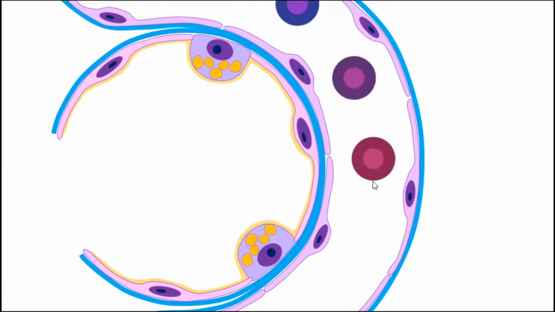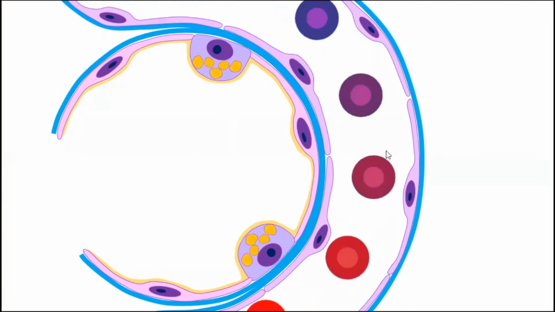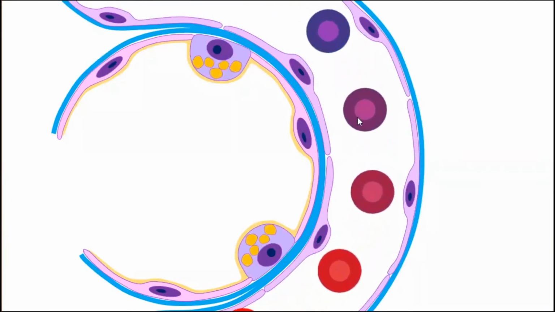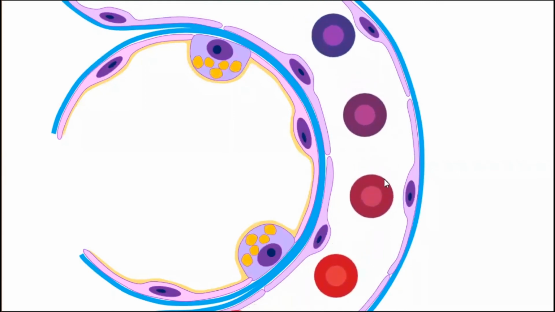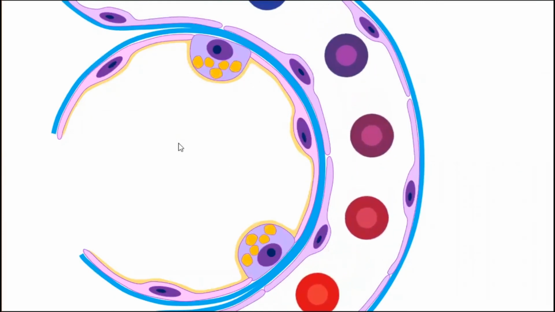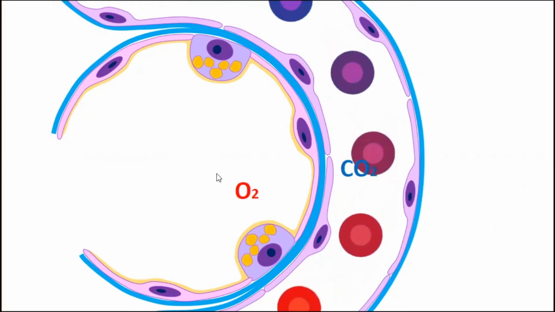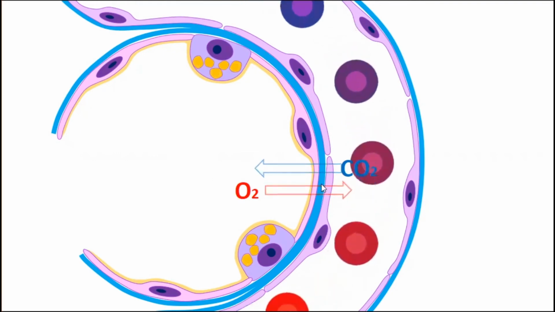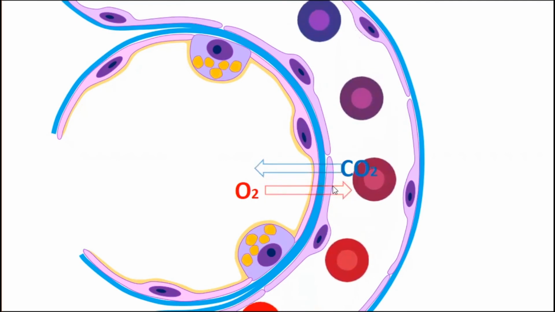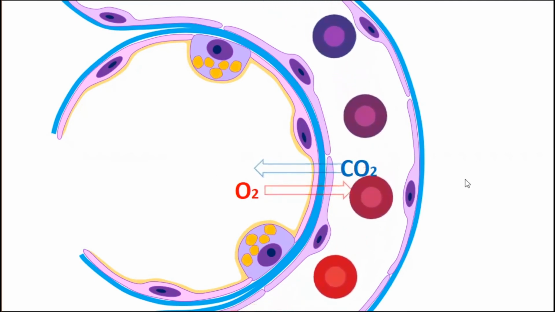The lungs receive venous blood from the heart, from the pulmonary artery, the small circulation, and blood comes here, circulates in the capillaries, releases carbon dioxide into the air, and receives oxygen from the air. So we can see here gas exchange which is provided via this wall. So it's respiration, or gas exchange, which is provided by the respiratory portion.